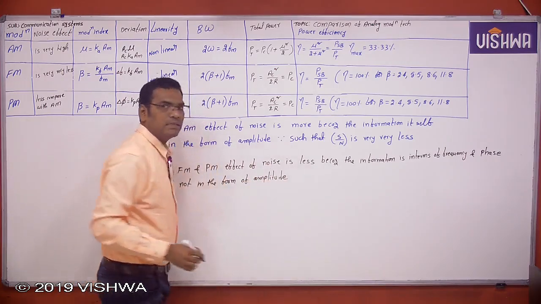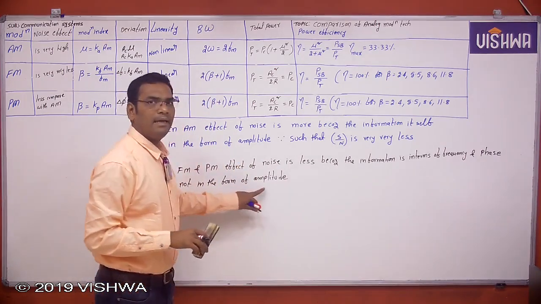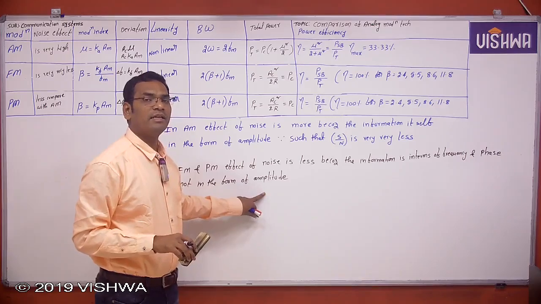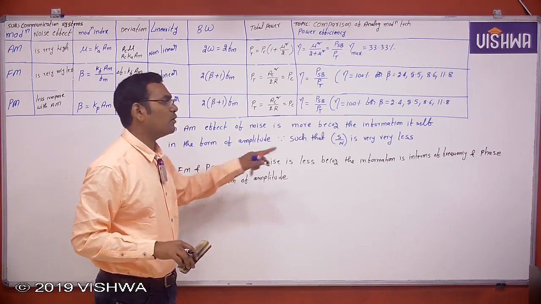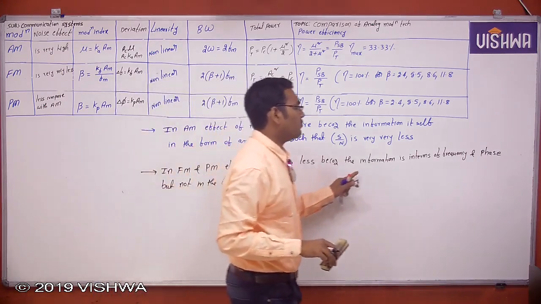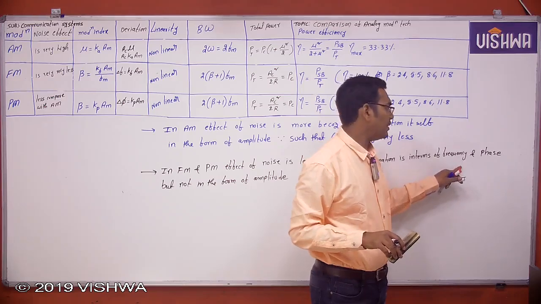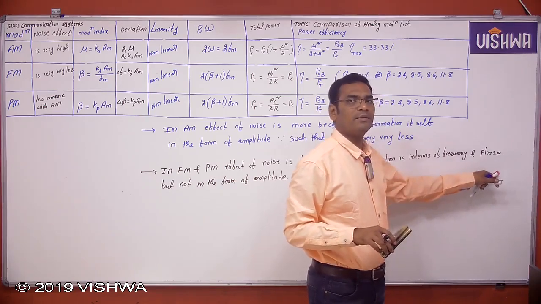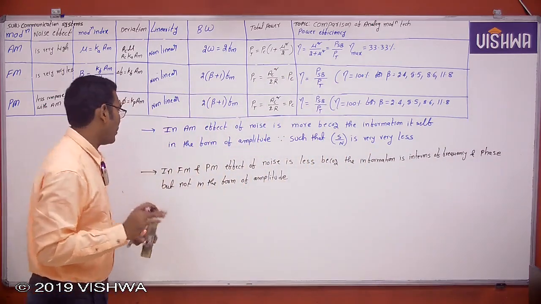So the noise is coming and directly attacks the strength, directly attacks the amplitude, but your information is not in terms of amplitude, because this is not amplitude modulation, this is frequency modulation and phase modulation. Therefore, in frequency modulation the information is available in terms of frequency, and in phase modulation in the form of phase. Okay, so even if amplitude is affected, not a problem.